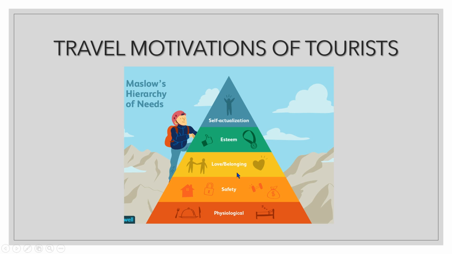So another level, or next level, we have esteem. Esteem means it could be self-esteem or esteem for others. So some people travel because they want to boost their confidence. If they are very shy in their place, when they travel, they become more confident, or they develop their confidence level.